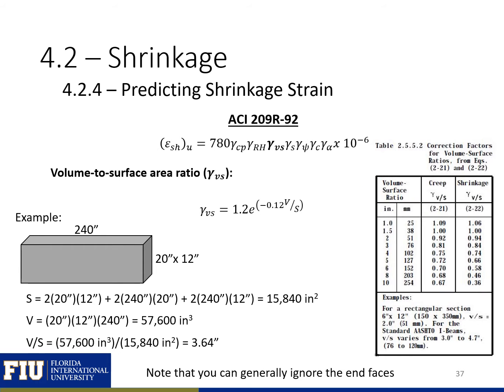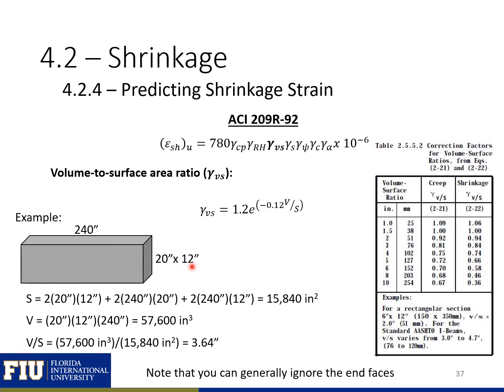The next factor takes into account the volume to surface area ratio, which takes into account the shape of our specimen or beam. So here we have our volume to surface area ratio, and we need to know how to solve for this ratio.